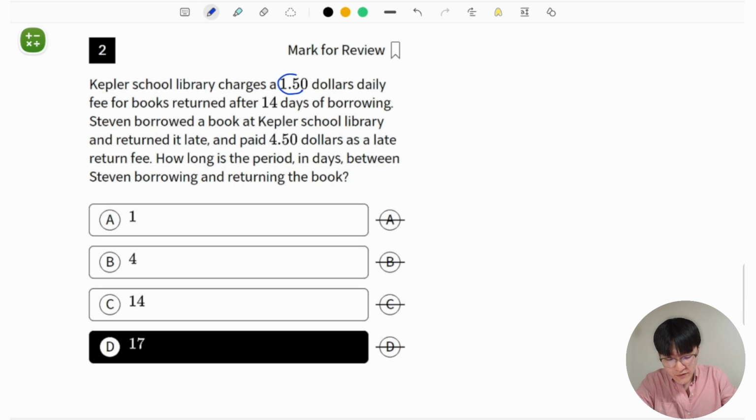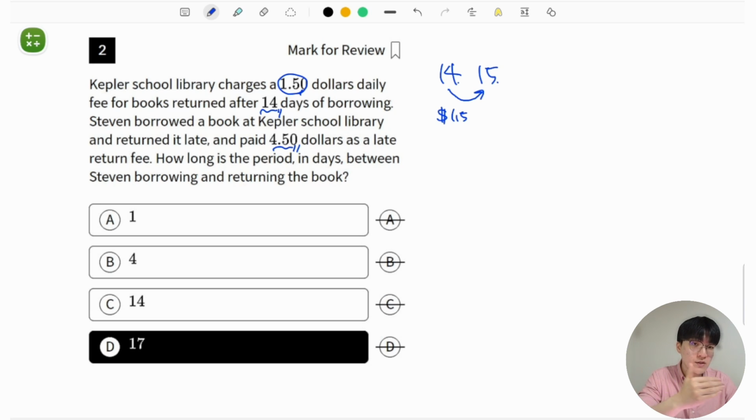So, $1.5 daily after what? After books returned after 14 days of borrowing. So up to 14 days, it's free. So on the 15th day, that is one more day, and how much late fee is applied on the 15th day? $1.5, correct? And Stephen had to pay a total of $4.5.